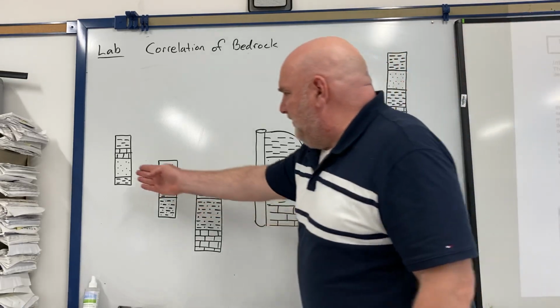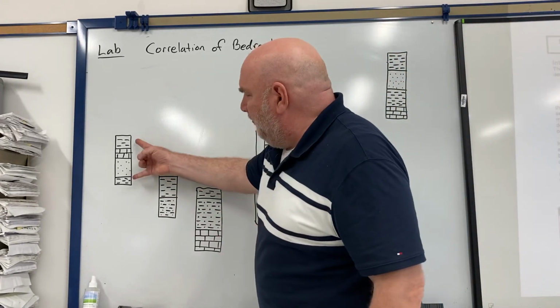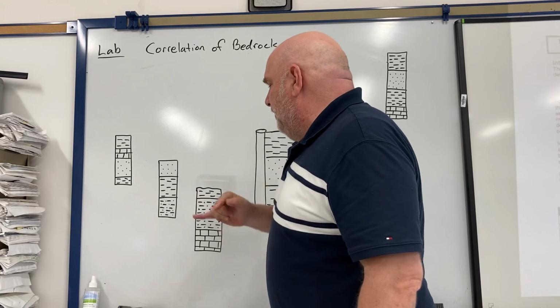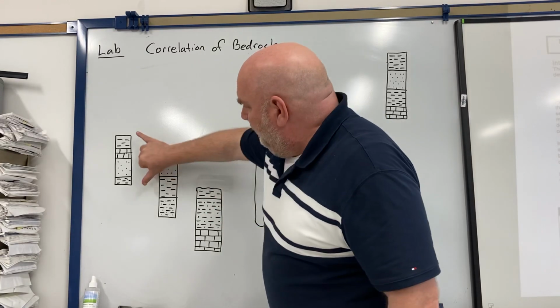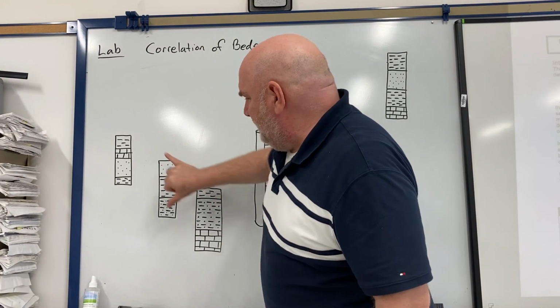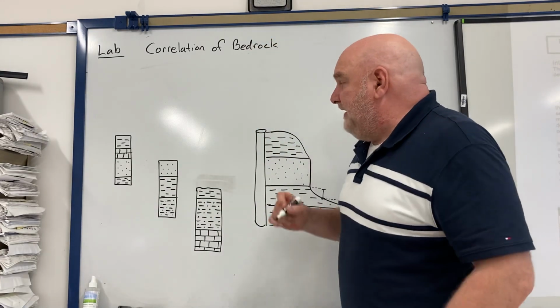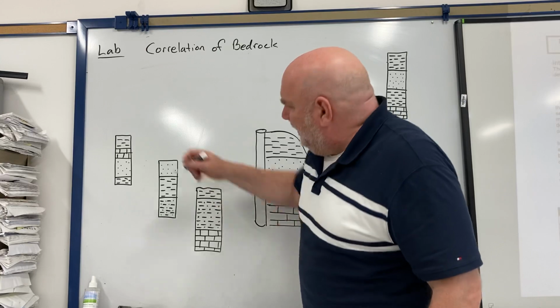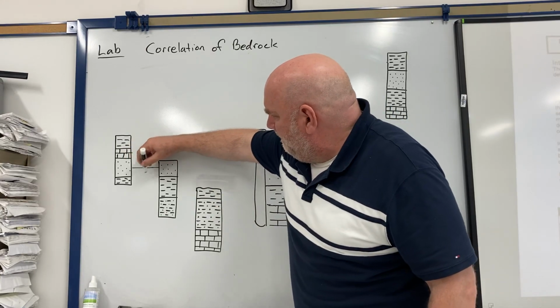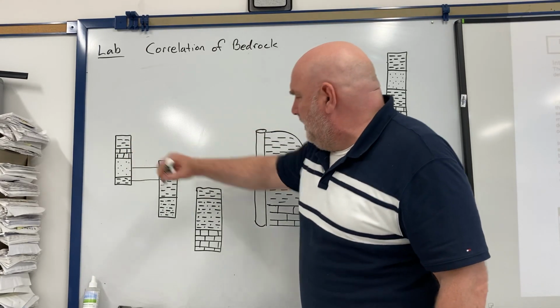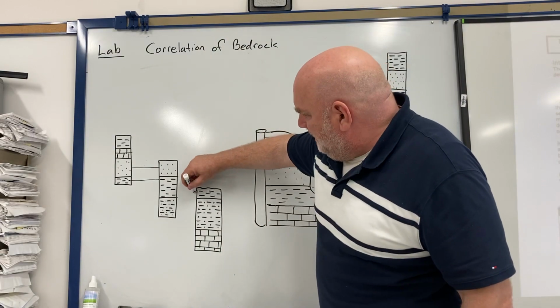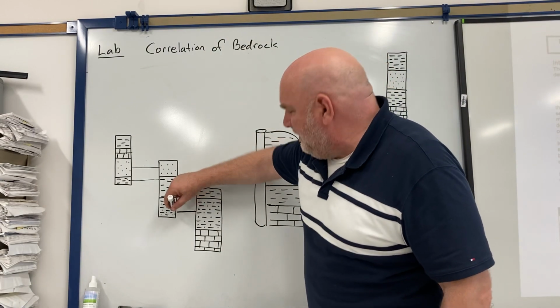So let's say with these guys right here, this represents one area, this represents another area, this represents another area. So this represents this much Earth's history, that much Earth's history, that much Earth's history. But what if I take them and match up their rock layers, like these two match up, like that. And over here, this one matches up to that one matches up to that one.